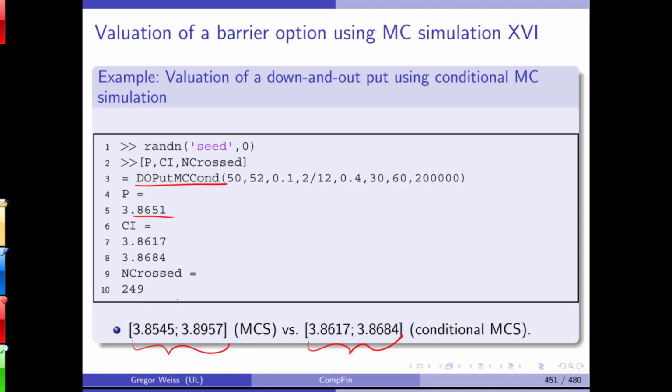We have a difference of 0.04 here, and here we have 0.007. So the confidence interval is smaller, and it's quite natural. Why? Because we are moving a little bit towards Black-Scholes, using the additional information that a down and in is a weakly path-dependent option that can be priced using the Black-Scholes price right in between.